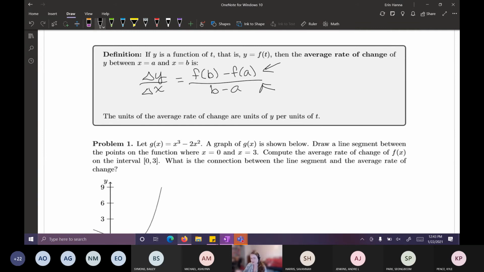This is usually what people will write when they write the average rate of change. But note that I also put a change in y over change in x. But wait a minute, that's slope. Yes, it is. So I do want to be clear, the only difference is semantics. So if you're wondering why this is exactly slope, but we're not calling it slope.